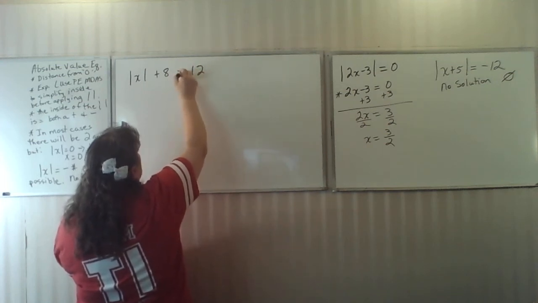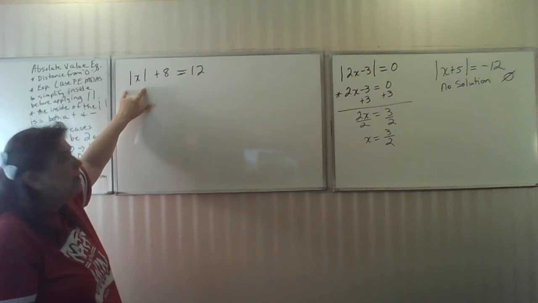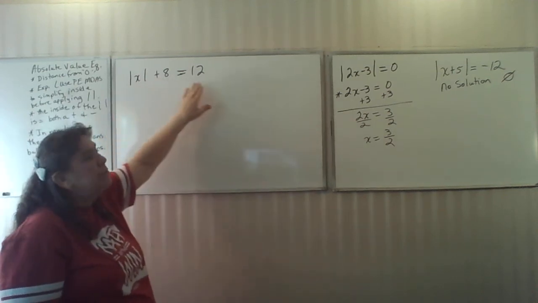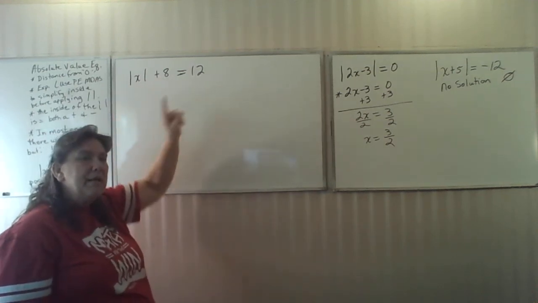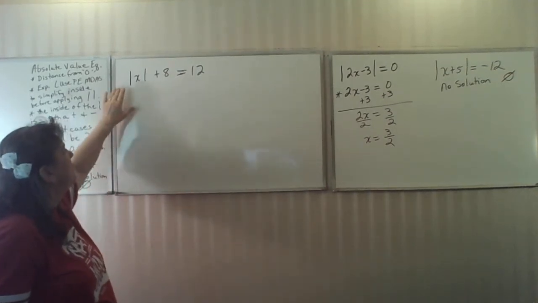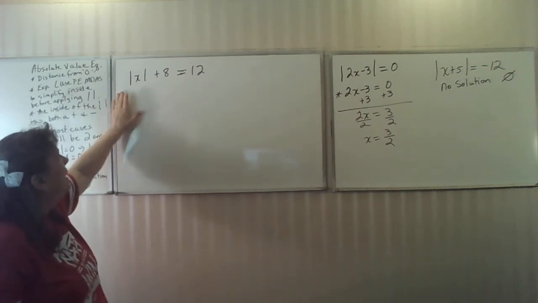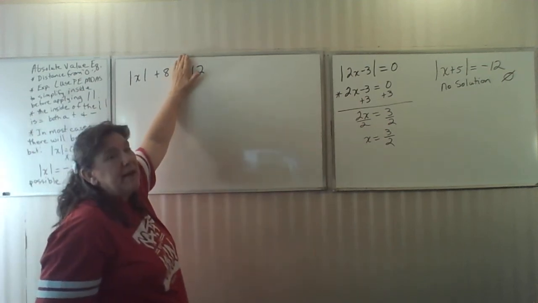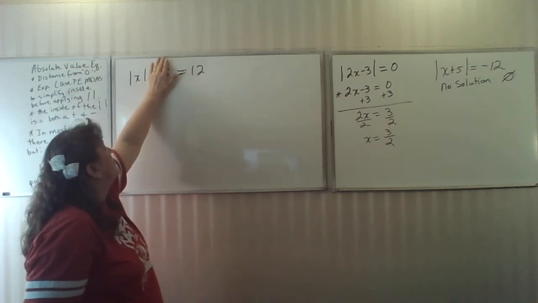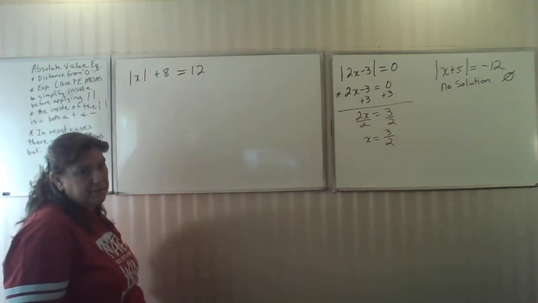Now, notice that on this one we have an absolute value plus some number equal to another number. Now let me ask you, which part of this side of the equation has two possible solutions? Is it the whole thing like that? Or is it just the absolute value part that gives you your two solutions?